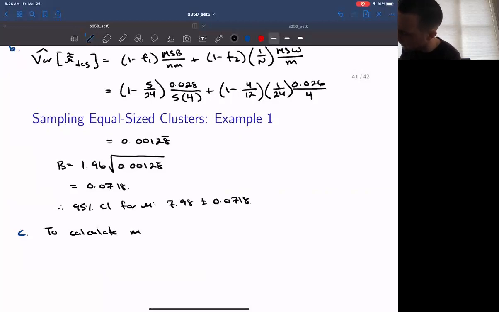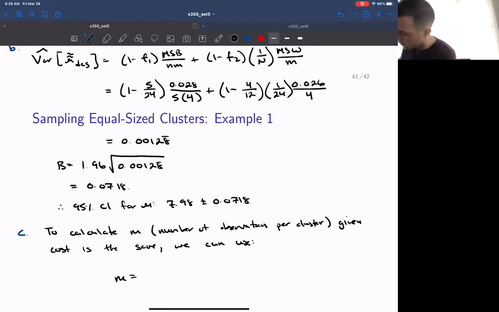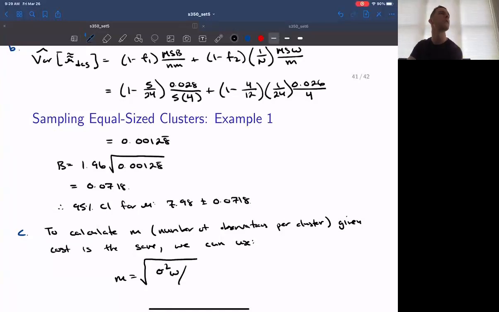To calculate little m, which is the number of observations per cluster, given cost is the same, we can use little m is equal to the square root of sigma squared w divided by sigma squared b.